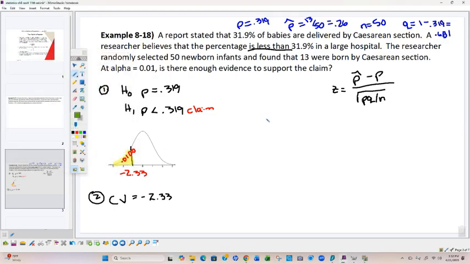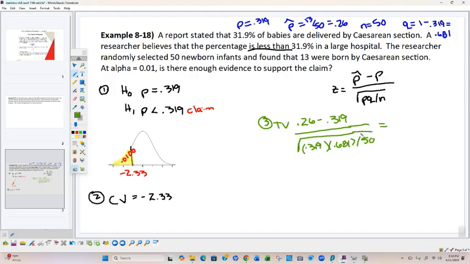So let's put step 3, test value. P hat is 0.26 minus P, which is 0.319, over the square root of P, 0.319, times Q, 0.681, and that is divided by the sample size, which is 50.